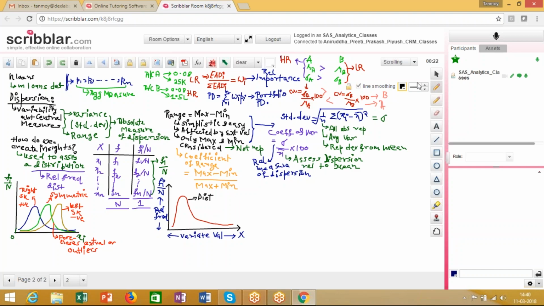So over here, this part undoubtedly is the mode of the distribution. Now, why is this the mode of the distribution? Because corresponding to this value, the frequency is the highest.